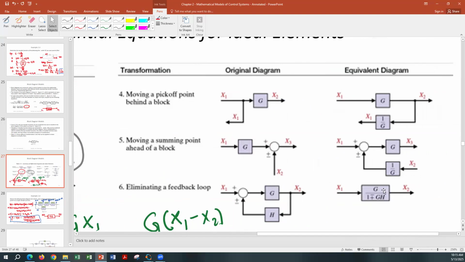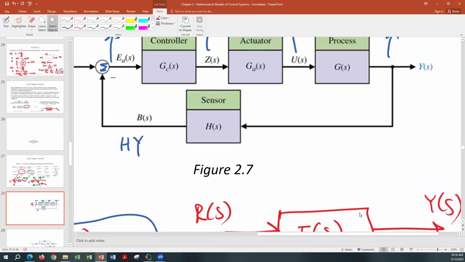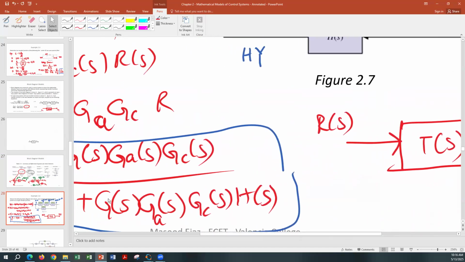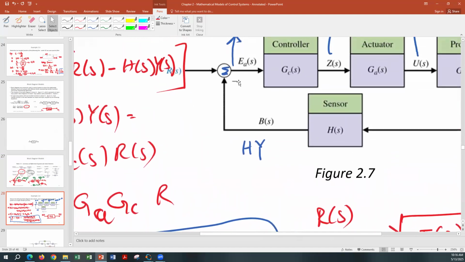In our case, it's going to be GS, GA, GC, divided by 1 minus plus. If you have plus minus here, it's going to become opposite, minus plus. We had a negative sign, so our sign in the denominator is positive.